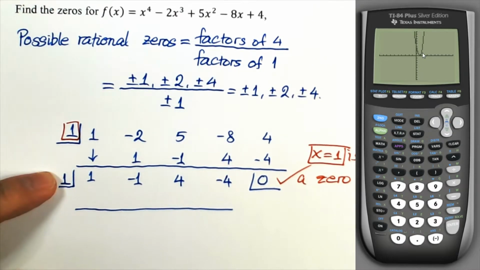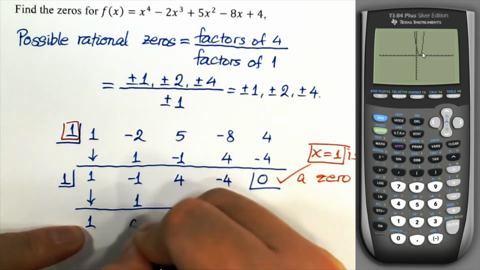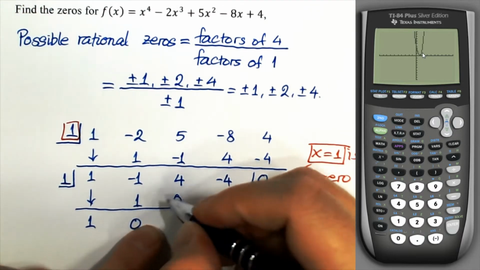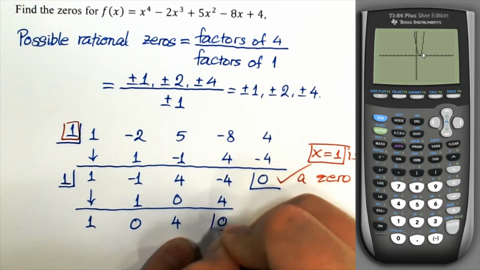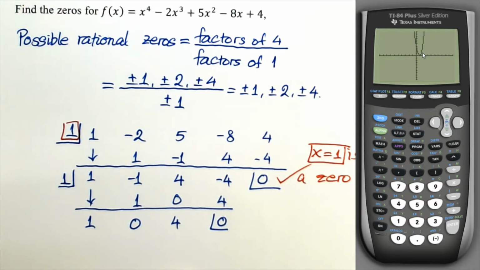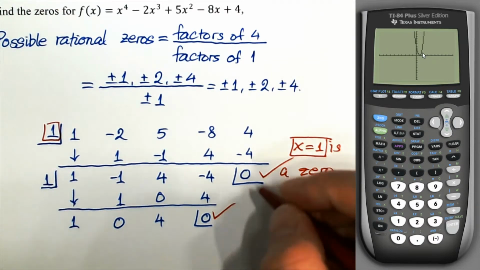So we try 1 again. Brought down, we have 1 times 1, 0 times anything is 0. 1 times 4 is 4, and then 0. And that is a 0 remainder as well. So x equal to 1 is a zero.